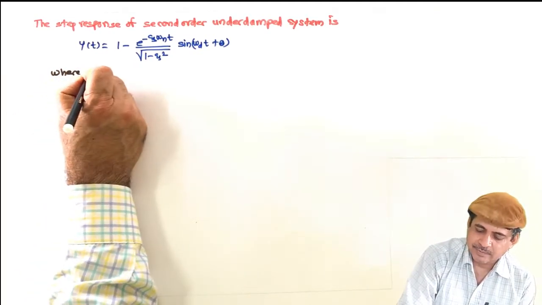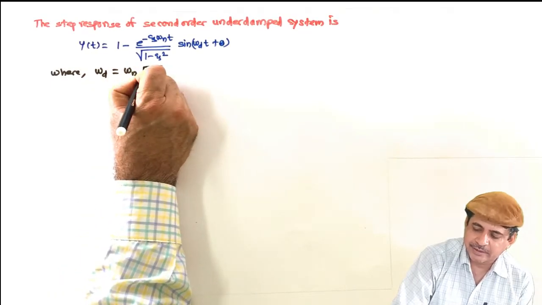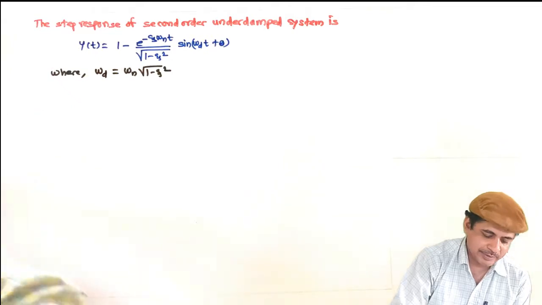where omega d is equal to omega n into under root 1 minus zeta square.